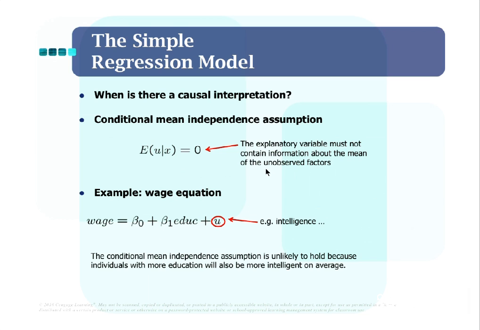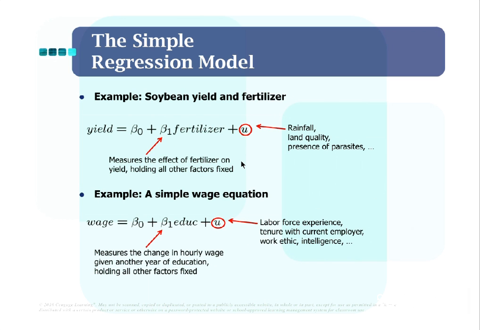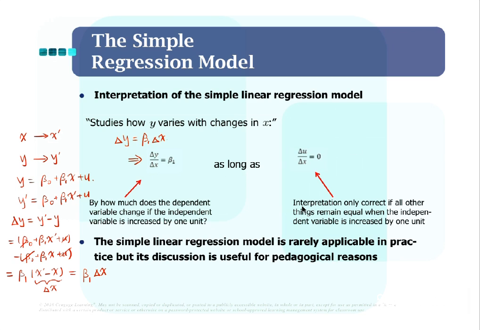If you don't understand the statistics, simply remember this line here. The meaning of this line is that you can change x while holding other factors constant.